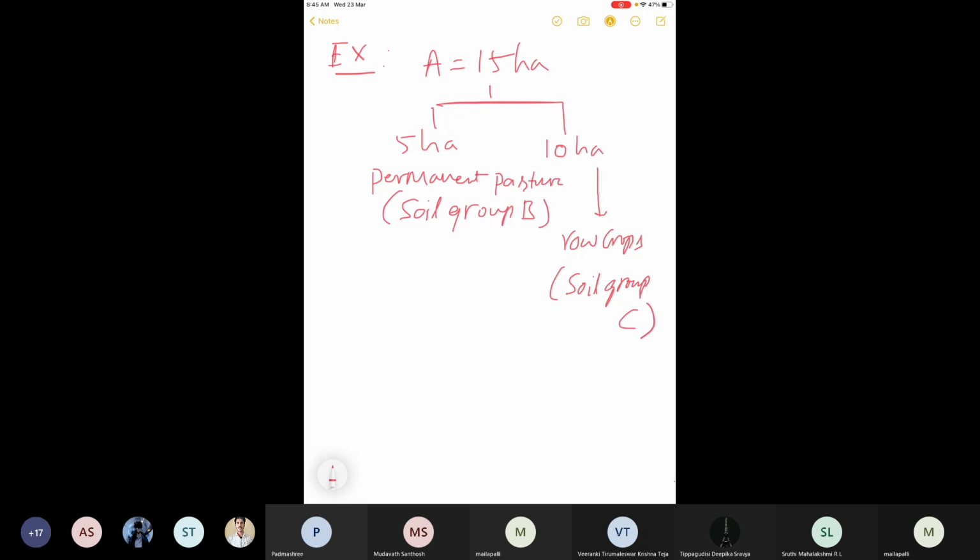So based on the soil groups, the infiltration characteristics will come into the picture. The total is 15 hectares, out of that 5 hectares permanent pasture and 10 hectares row crops. So what peak flow is to be expected? The question is what Qp is expected from this 15 hectares for a 1 in 5-year return period.